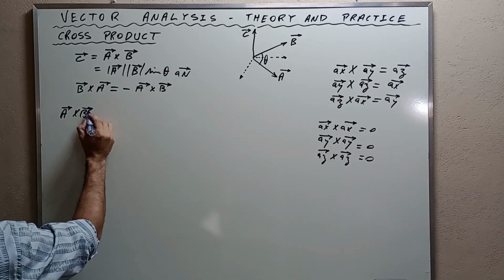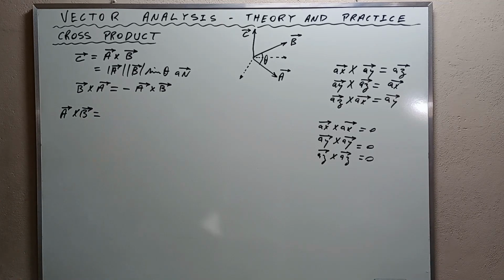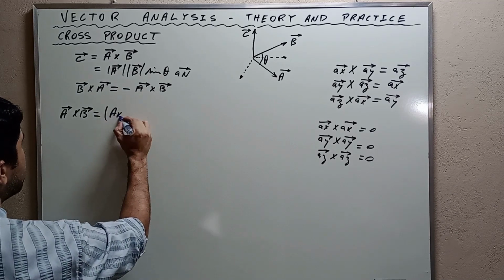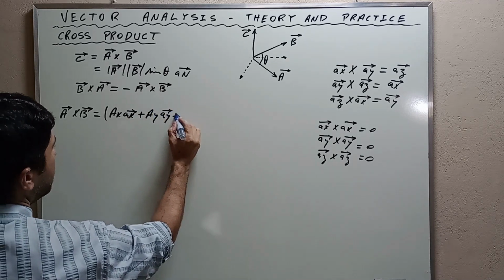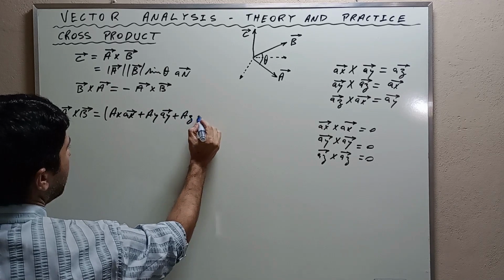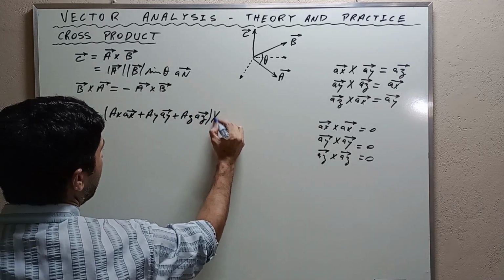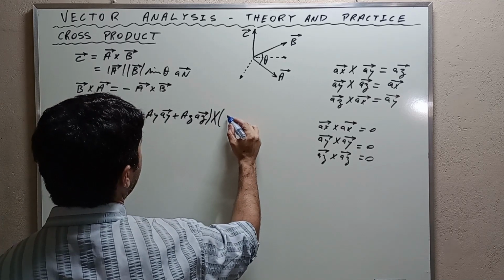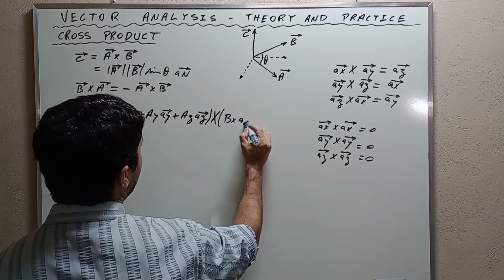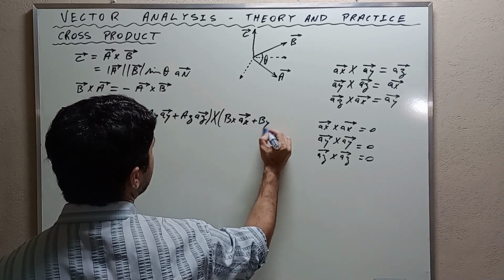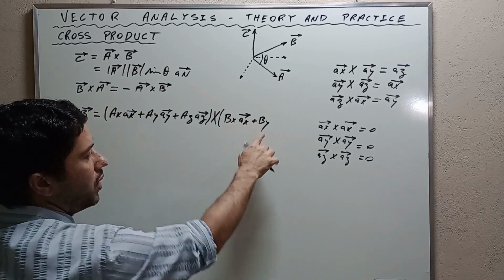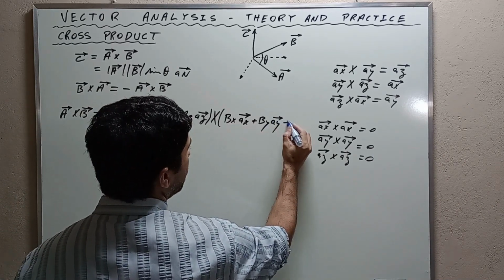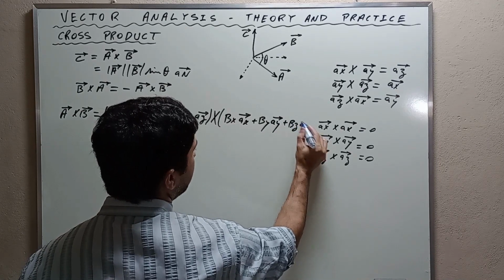And in this manner, if we compute A cross B using Cartesian unit vectors, in this way, AX in the X direction plus AY in the Y direction plus AZ in the Z direction, in a cross product with BX in the X direction, BY in the Y direction, plus BZ in the Z direction.